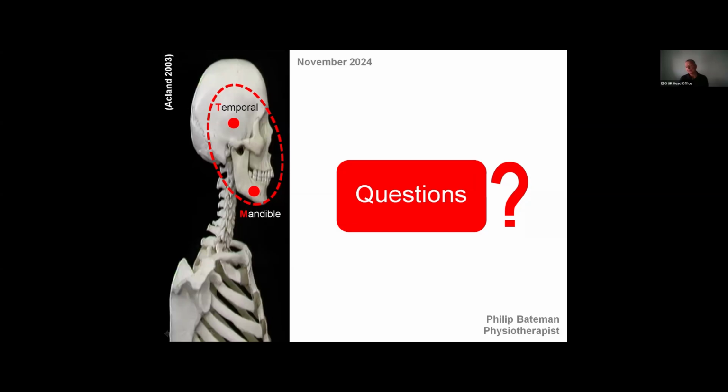However, many of them have already been seen by their GP and been to ear, nose and throat, and then come to me and they've ruled out an ear problem, and many of them have also been told that it's probably associated with their TMD problem, because we know that these symptoms can be referred to the ear. So it feels like something's going on with your ear, but it's more related to your jaw problem.